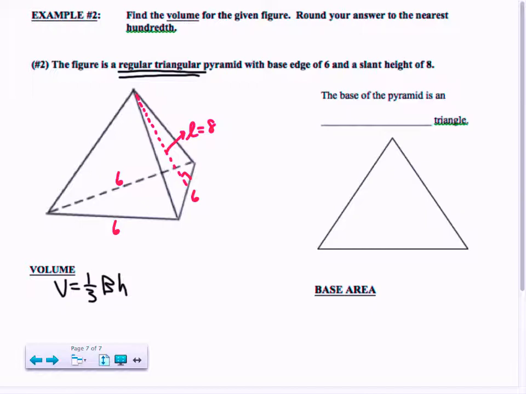So come over here on the right. What's the base? It said it's a regular triangular pyramid, which means the base has to be an equilateral triangle. It's a regular polygon.